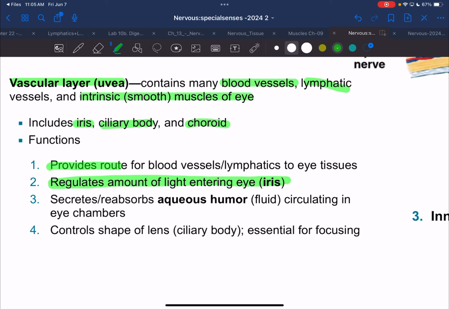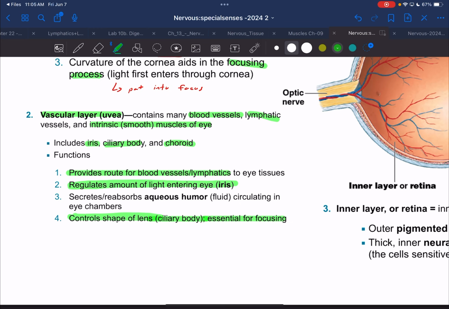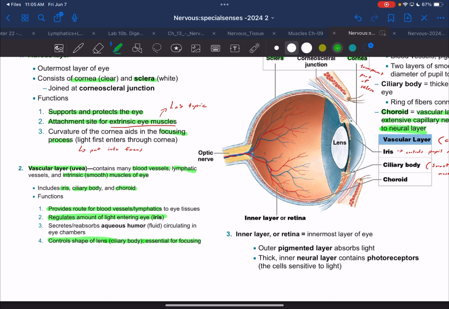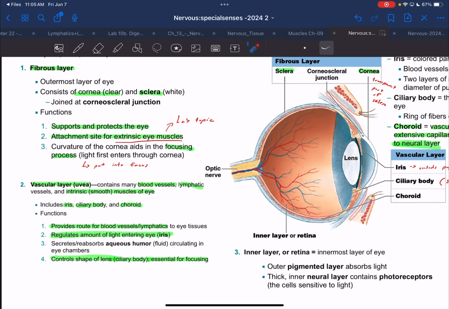We know it's vascular, a route for blood vessels and lymphatics. It controls the shape of the lens, which helps with focus. And then there's a fluid in this area nourishing all of this as well, called aqueous humor. That's the fluid inside the anterior chamber.